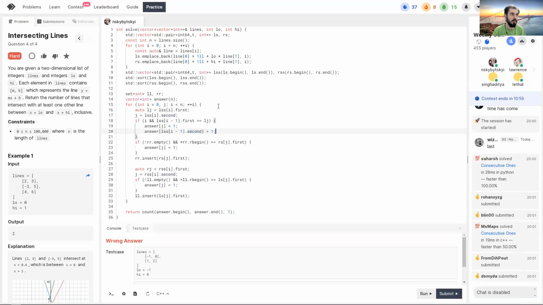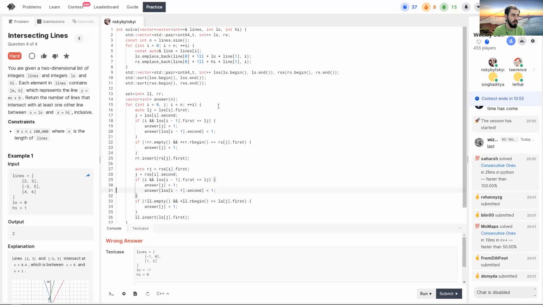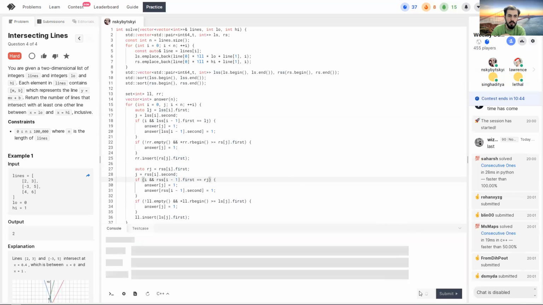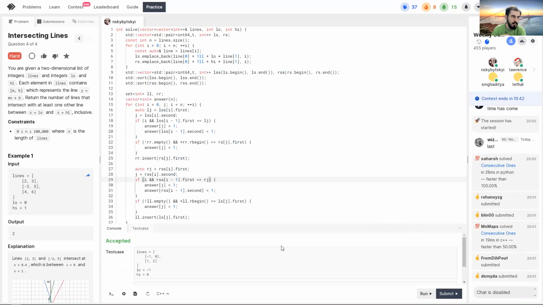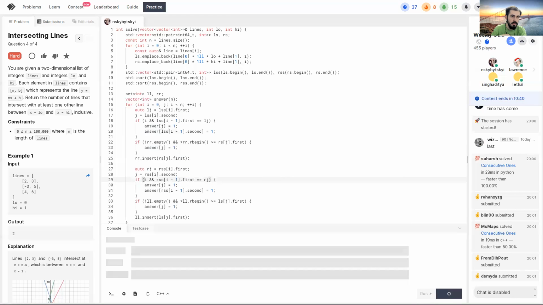The same goes here, but this time it's RSS and it's RJ. Now we should be counting every pair that is equal at least on one side.